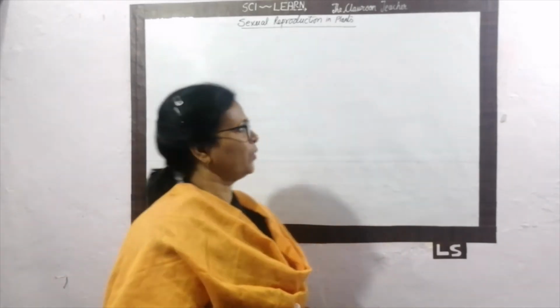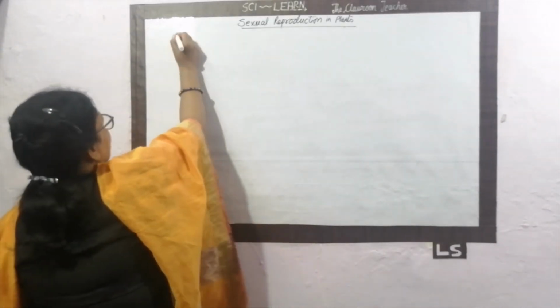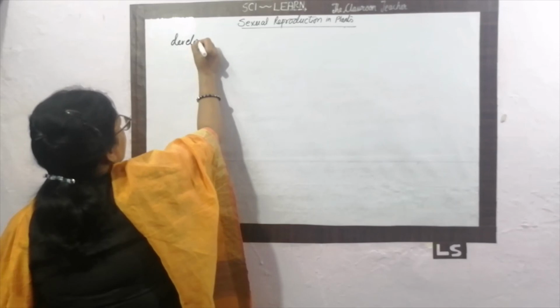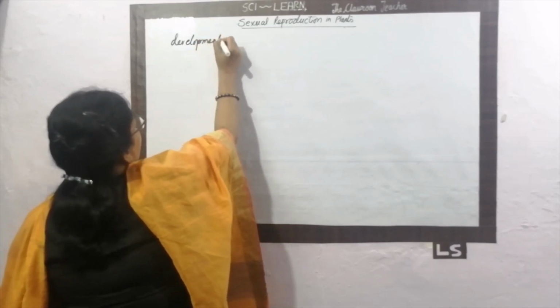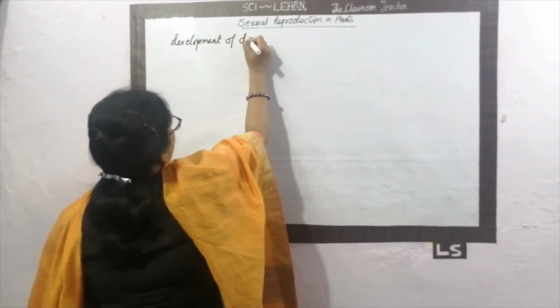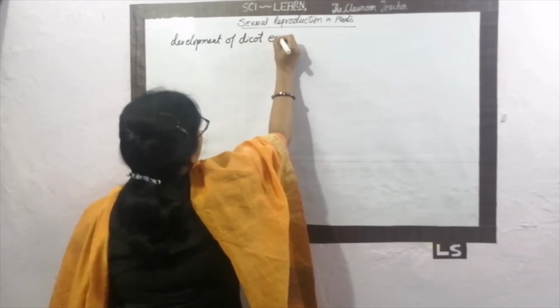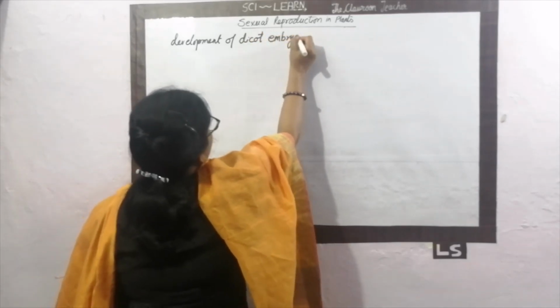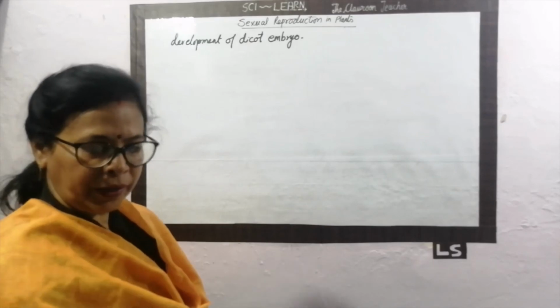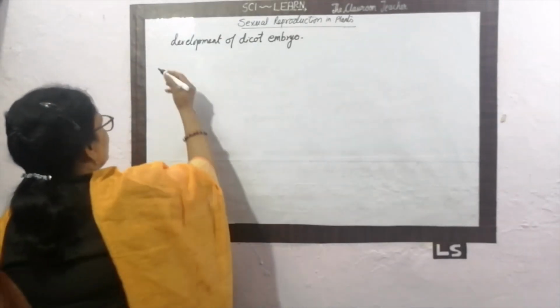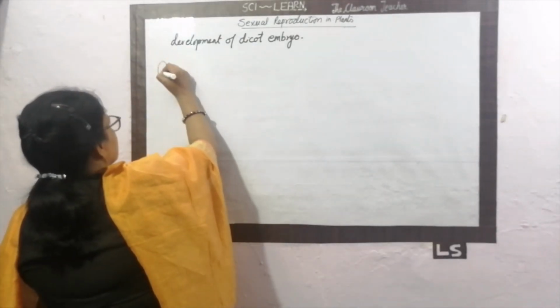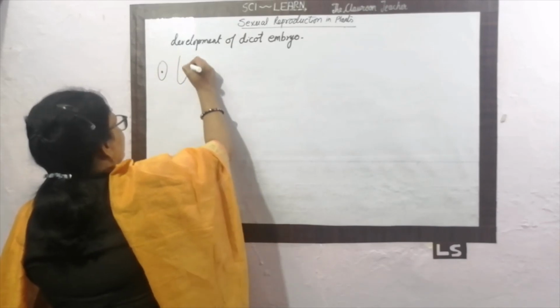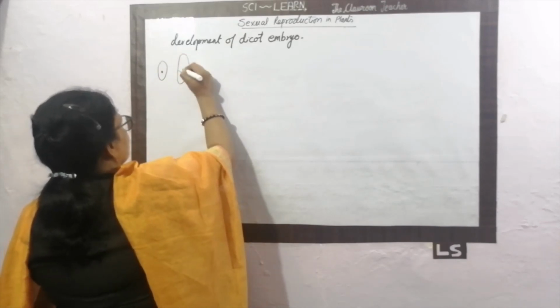This is the development of dicot embryo. Okay, I am going to repeat the process. What happens? Zygote is there. This is zygote. Zygote developed to form proembryo.